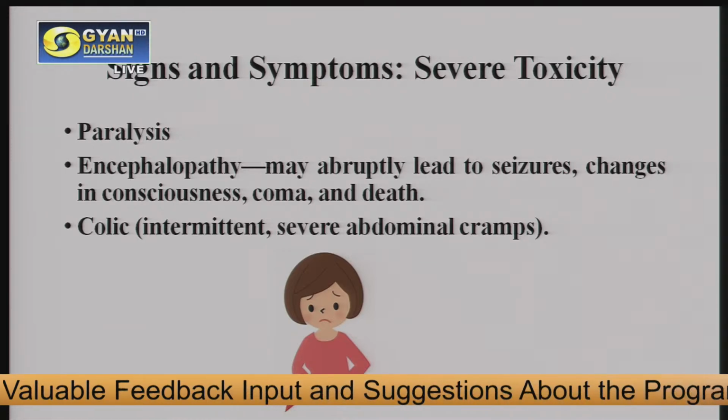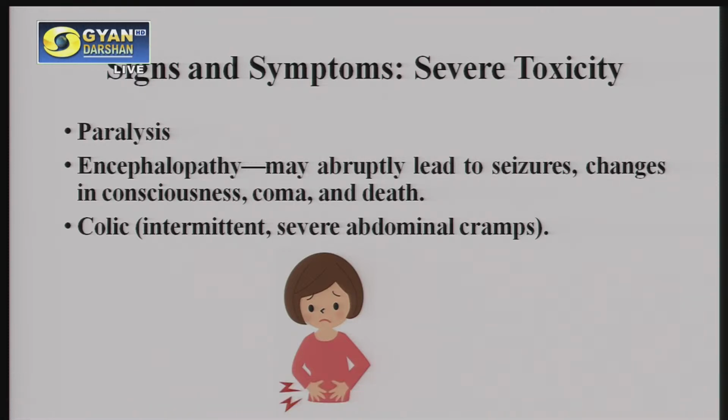Gastrointestinal symptoms in severe lead toxicity are extremely profound. As I was telling you, there can be intermittent severe abdominal cramps, and these patients can come to the hospital, but on examination, on an ultrasound or a physical examination, the cause cannot be identified. So they might even get a misdiagnosis if a simple test of blood lead levels is not done.